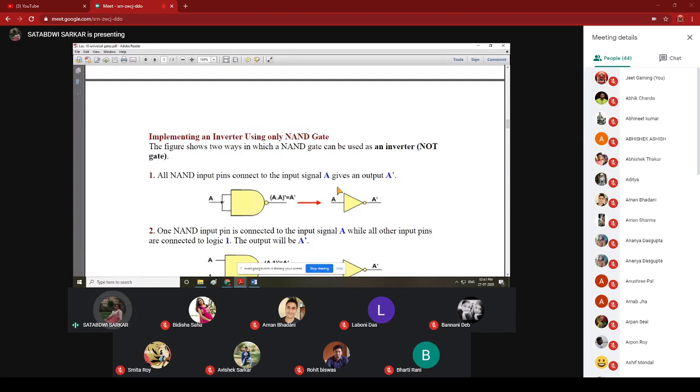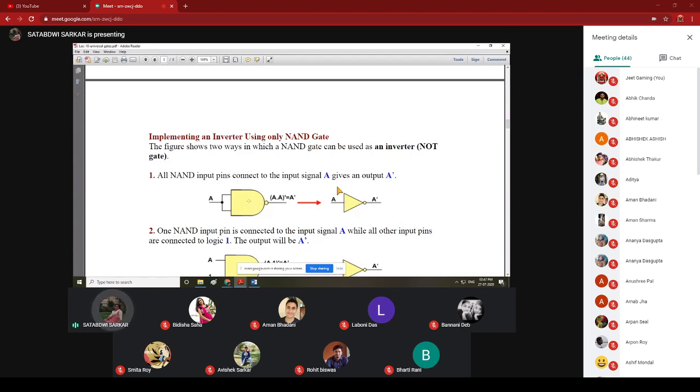Normally there are two inputs X and Y, but if we attach these two inputs together, then we will get the complemented output, that is A bar.